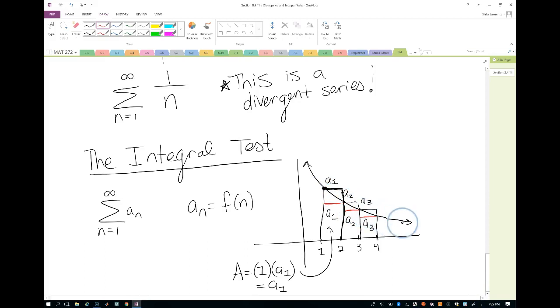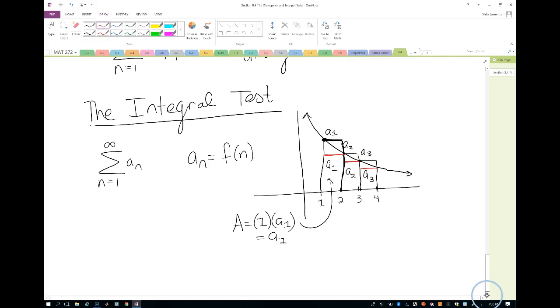But if this area using an integral were to converge, we know that the value is somewhere in between those. So they will always converge or diverge together. They'll always do the same thing.